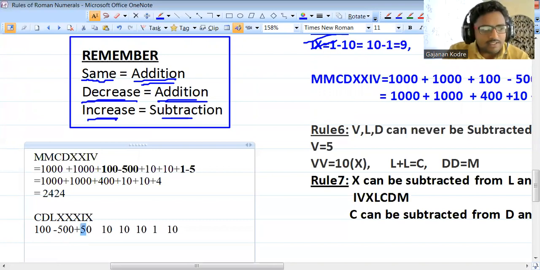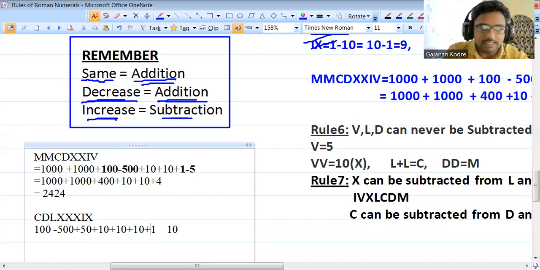As compared to 50, 10. Increase or decrease? Decrease. So addition. Then 10 and 10. Same, not increase, not decrease, but same. So in case if it is same, addition. 10, again 10, same, same means addition. 10, then 1, decrease.